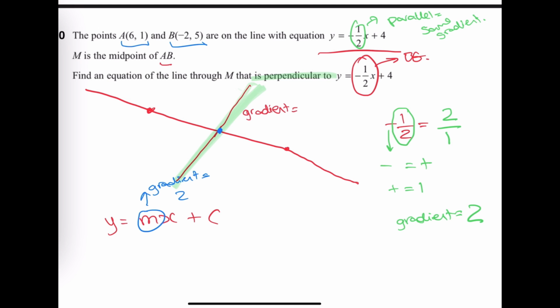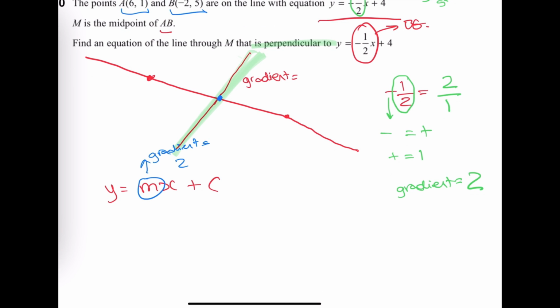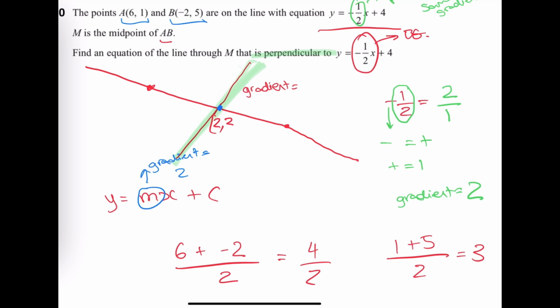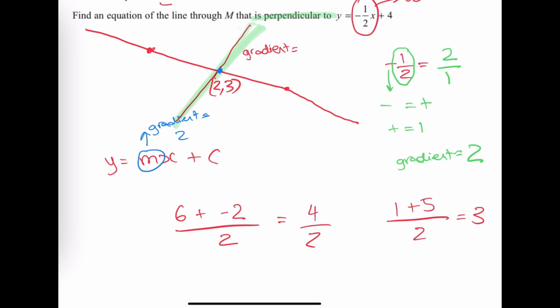So we are going to do 6 plus minus 2, and we just divide that by 2. Kind of just finding it as a normal one, so that would just be 4 divided by 2. We know that this is 2. Now if we do the same for y, we do 1 plus 5, and we just divide by 2, and we know that that is 3. So it's (2, 3). That is the midpoint.